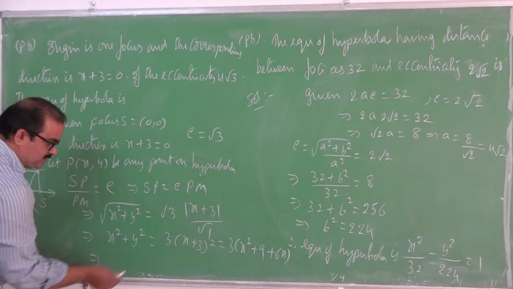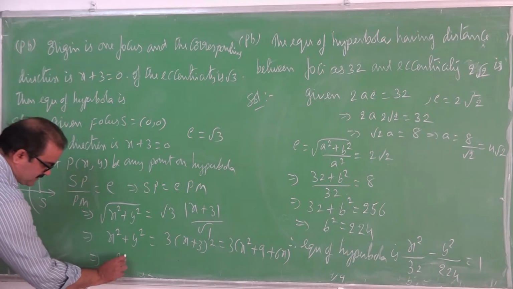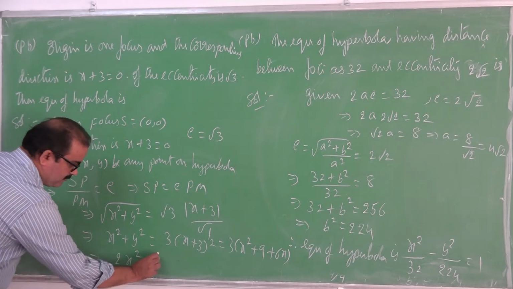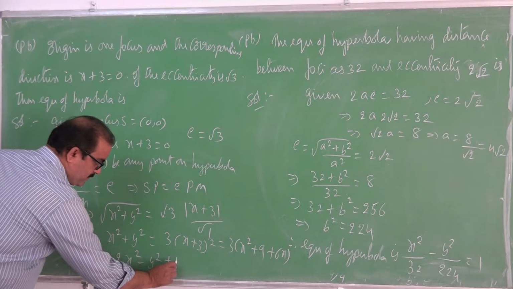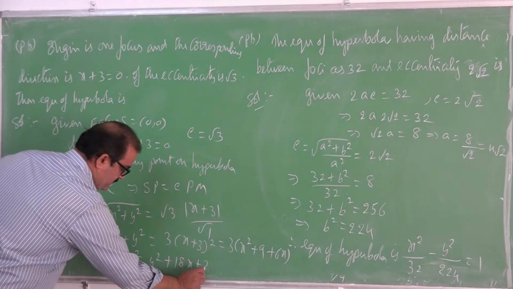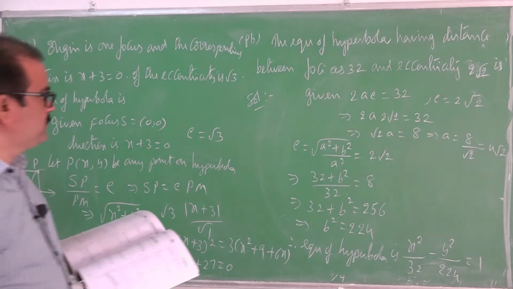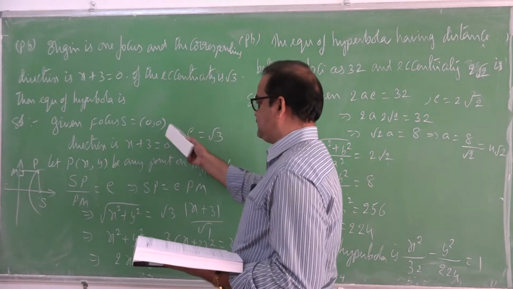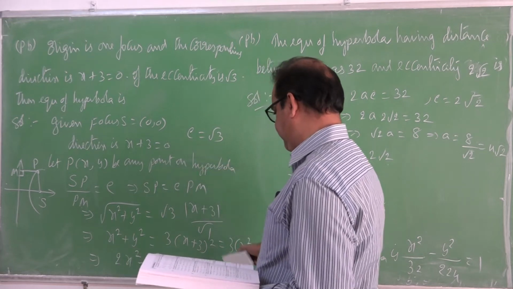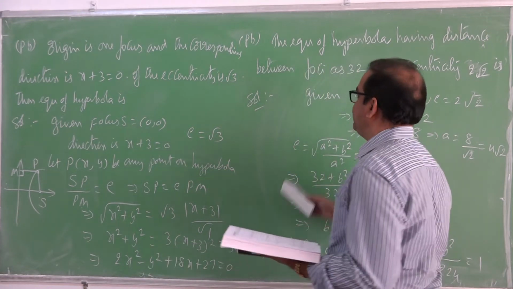Take these two terms to that side. 3x squared minus x squared, 2x squared minus y squared plus 18x plus 27 is equal to 0. In this way, if focus and directrix are given, we can find the equation of any conic.